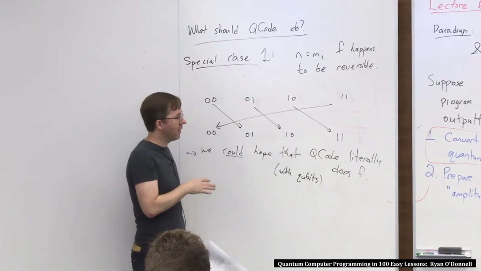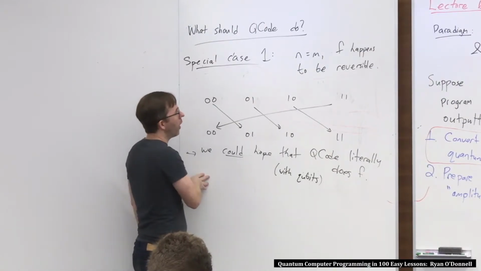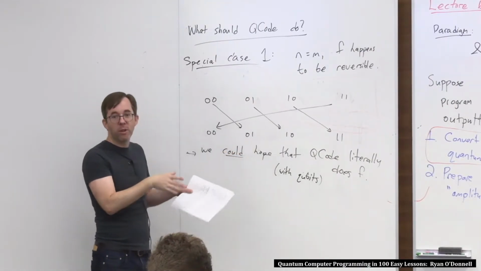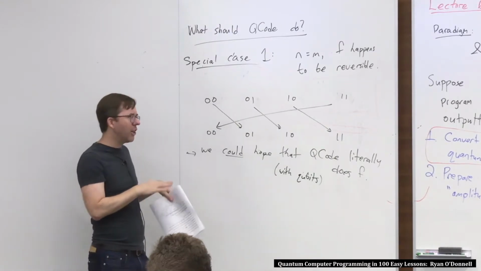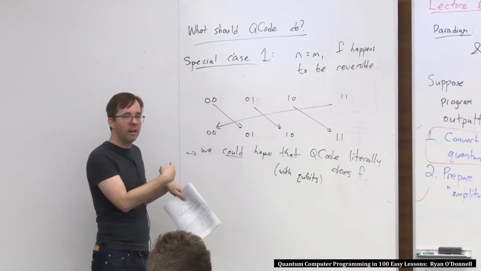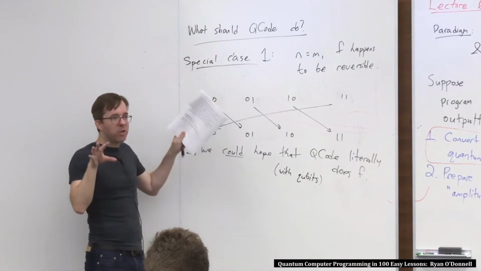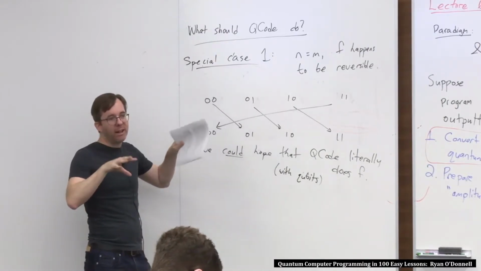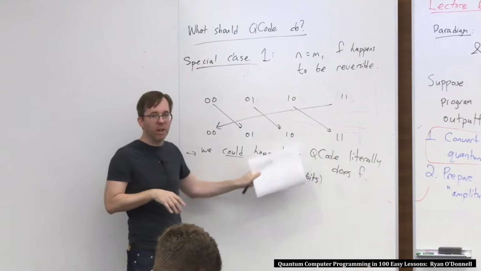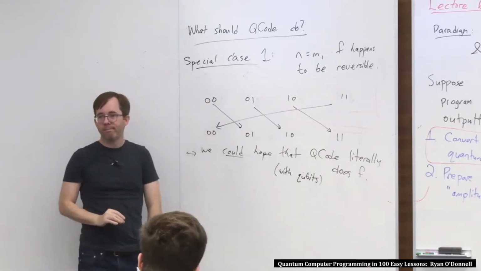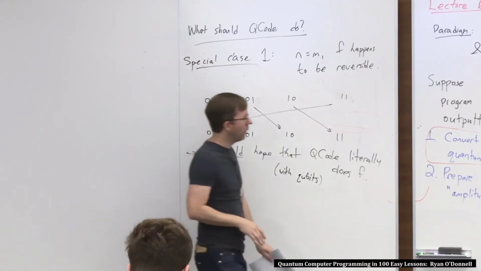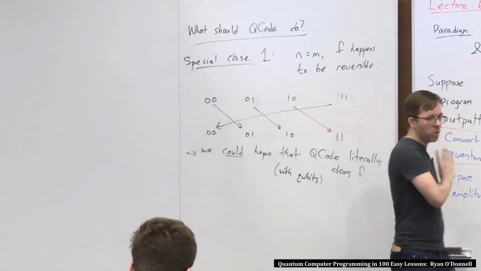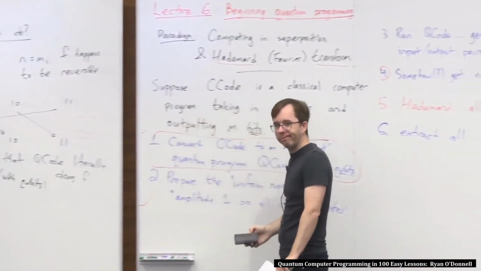By the end of next lecture, you will know how to take classical code for computing a function that happens to be reversible. Actually, I guess you also need the classical code for the undo of f. And with those two pieces of classical code, there's a mechanical way to transform them into quantum code that literally does f. But we'll get to that. This is just what we're going to choose to do, or to try to do.